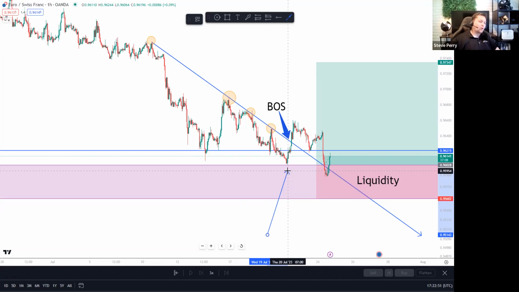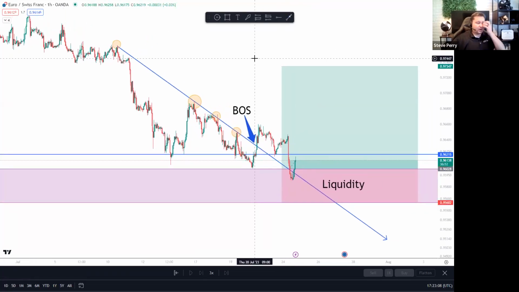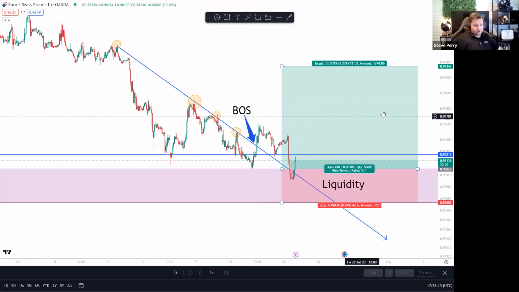They subsequently sold. That's going to allow the big banks and people like us to be able to buy more. If retail traders close out of their buys in this general liquidity zone, then that's going to give us an opportunity to get back in. And it's going to allow the banks to grab more liquidity. So yes, I do like this trade setup.